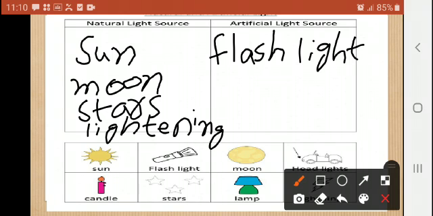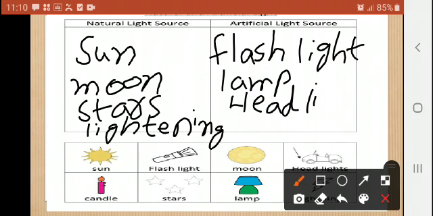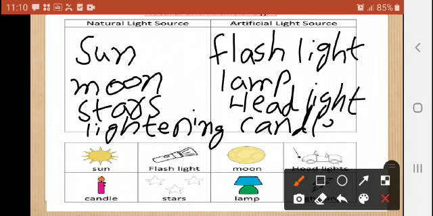And here you can see lamp, headlights, candle. These are all artificial sources of light.